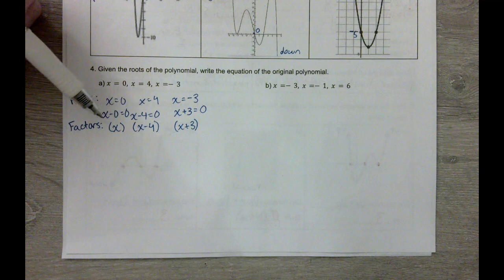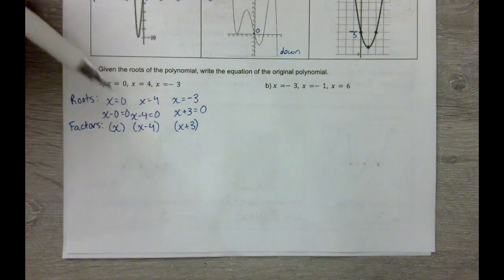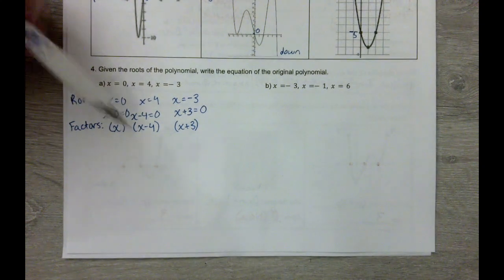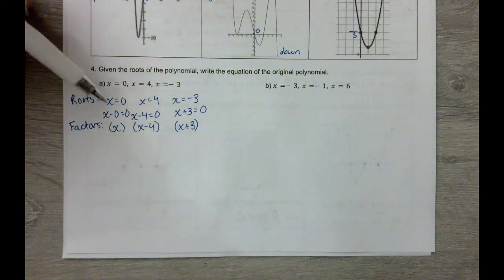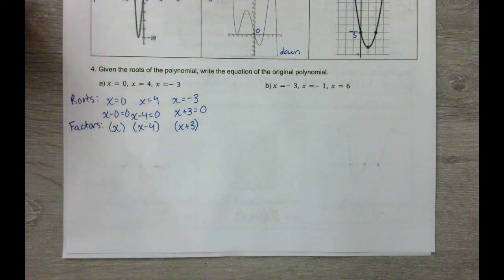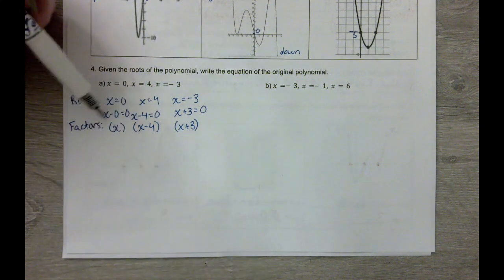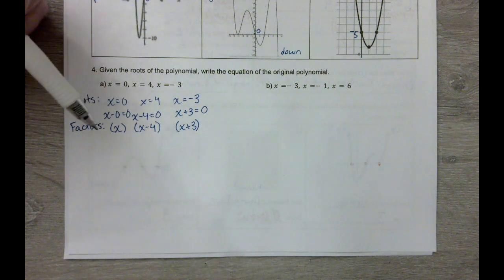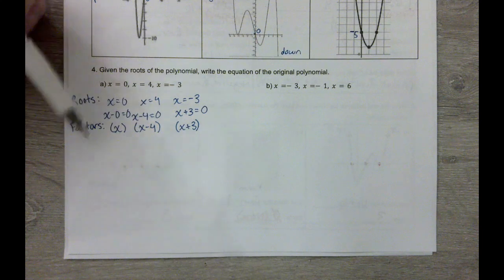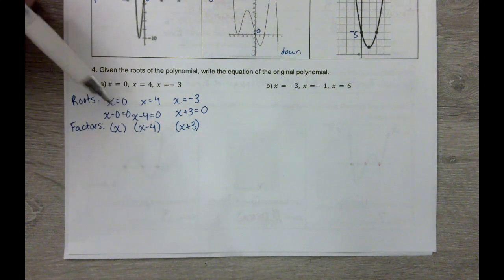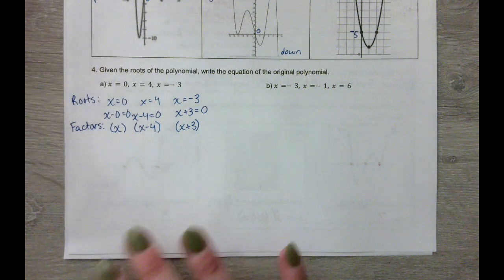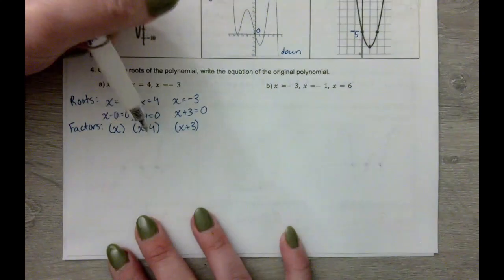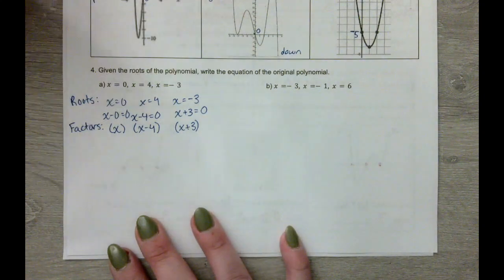X minus 0, you're not changing anything, it's just x. You could also say x plus 0 here. It would still be x. So if you see x equals 0, you just write x. You could write x minus 0 or x plus 0, but that's going to create quite a bit more work for you later when you're multiplying it through. That's why we recommend just writing the x. Alright, once you have your 3 factors, then you just multiply them out.